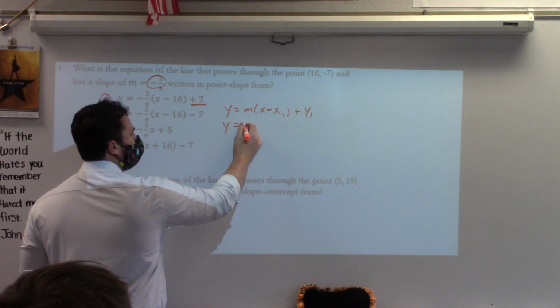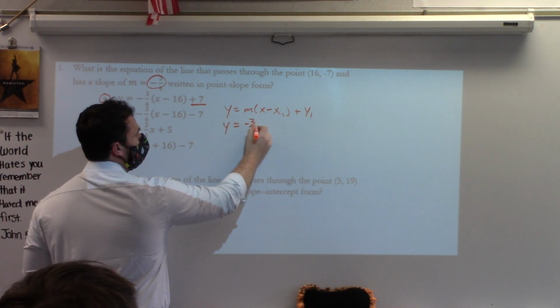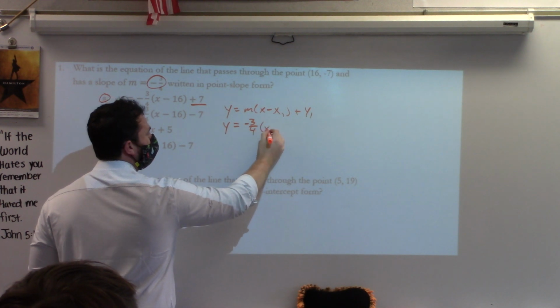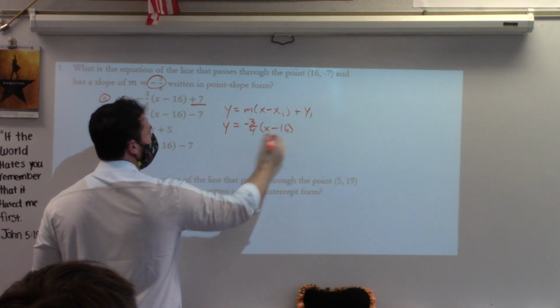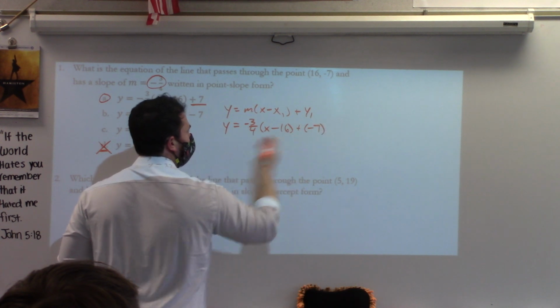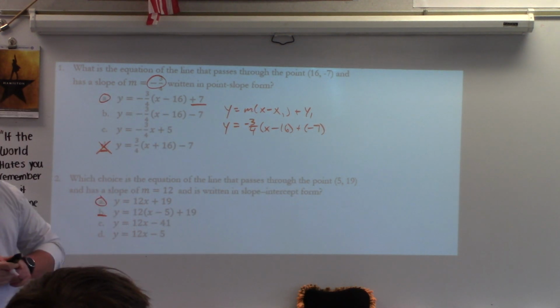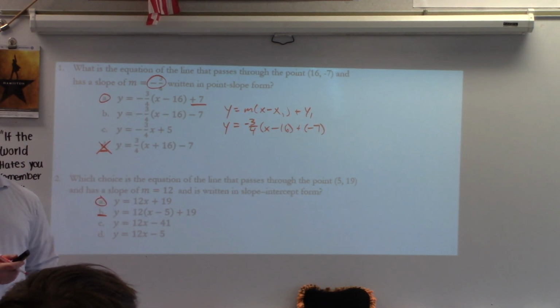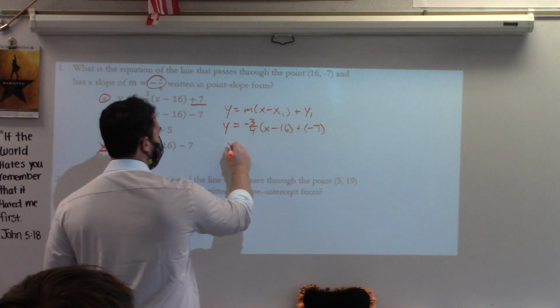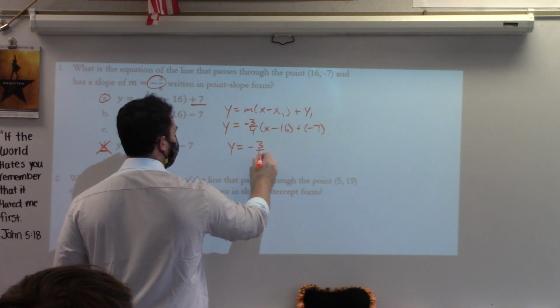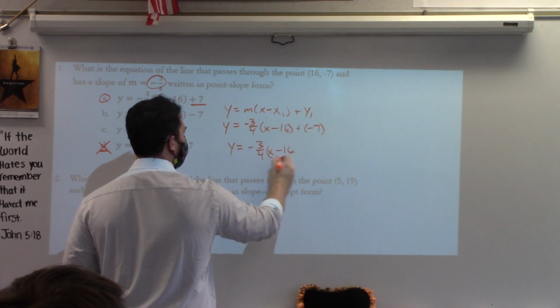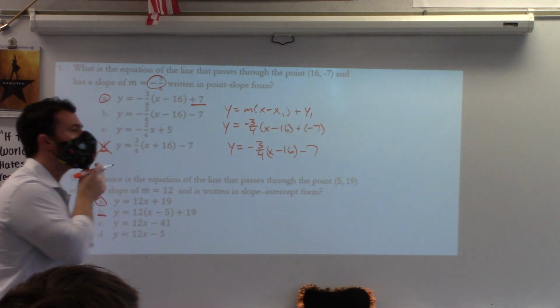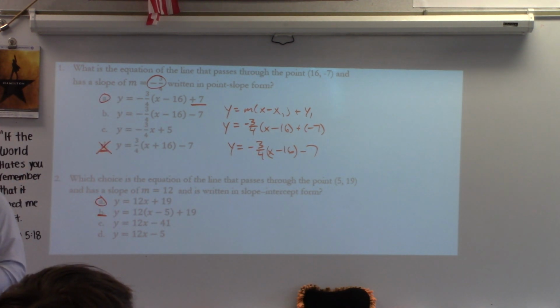You can also straight substitute those values in. This would have told you right away, X minus 16, cool, plus a -7. How do we add a negative? What's a simpler way to show adding a negative? Subtracting. Substitute into the equation and pay attention to those kinds of things. That would have made it much easier.